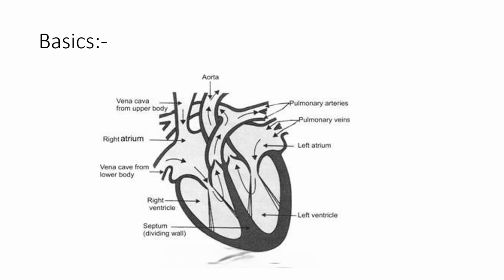So the valve between the left ventricle and aorta is the aortic valve. It is the valve between the left ventricle and aorta. Sometimes it is also referred to as the semilunar valve because it looks like half a moon.